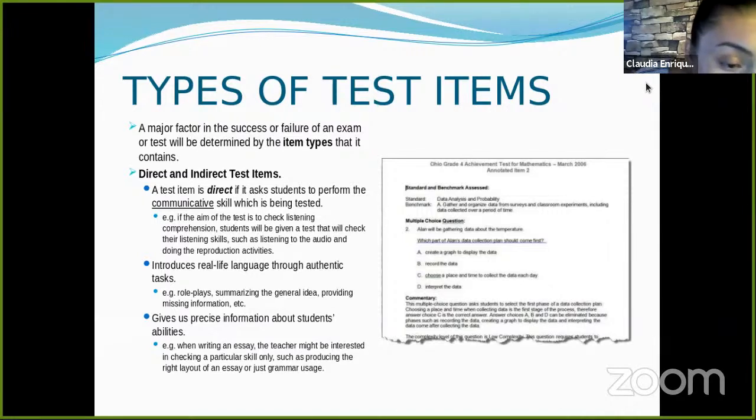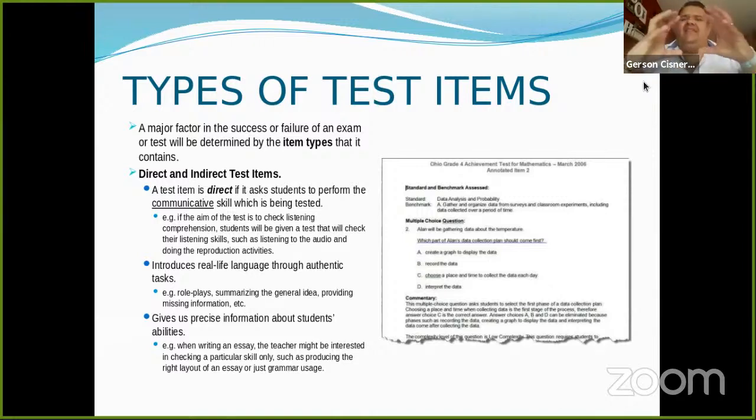reproduction activities. So again, in other words, direct testing or direct question is when you want to test a specific part of the English. Example, if you want to know if your students have good reading comprehension, and then you want to know the specific verbs in past, for example.